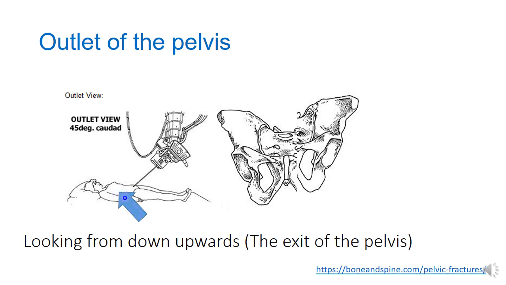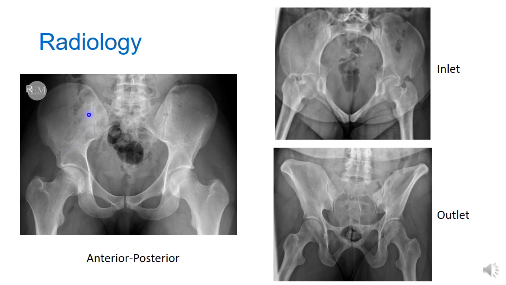So if we need to know about the amount of superior direction or caudal displacement towards the patient's spine or head, we'll see it in the outlet view. We can do these x-rays, the AP view to see the pelvis as a whole, and the inlet view to see again what? The posterior displacement, right? And the outlet view to see the superior displacement or cephalic displacement.